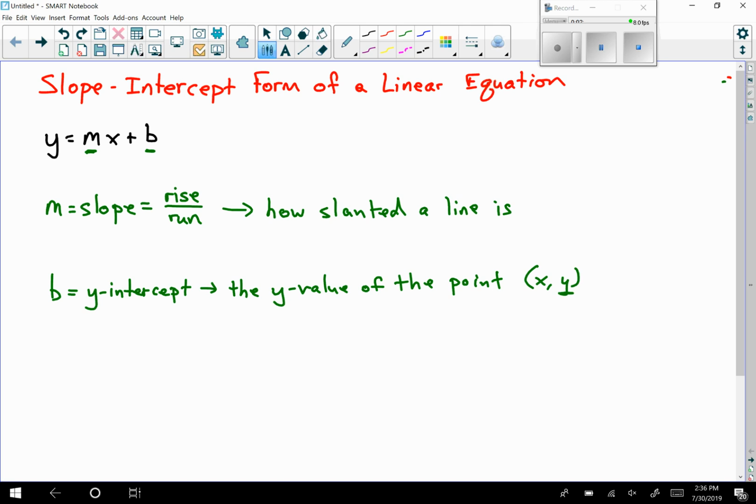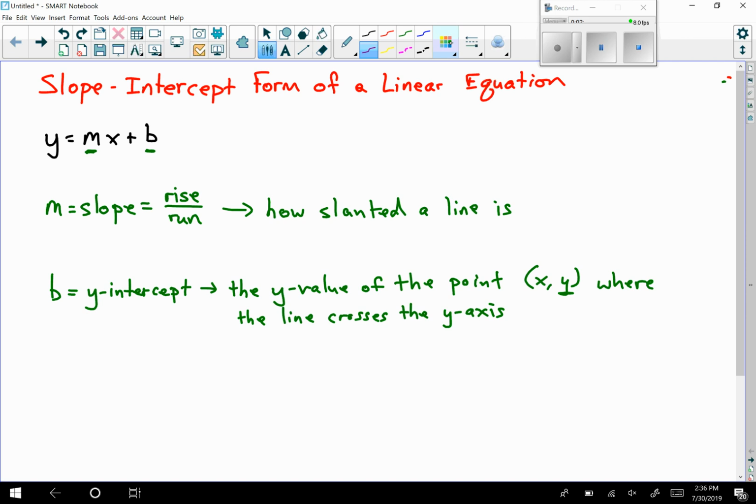So it's always going to be this y value of the point where our line crosses the y-axis. On the next page, I'll go over 4 or 5 steps on how to graph a line, but these are the two important pieces we need.